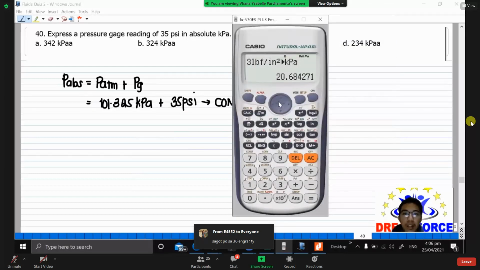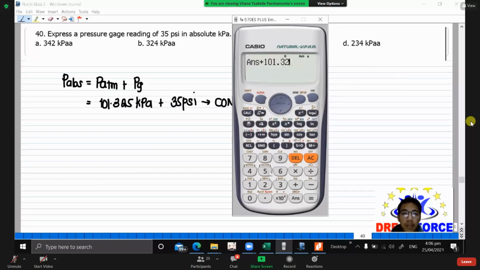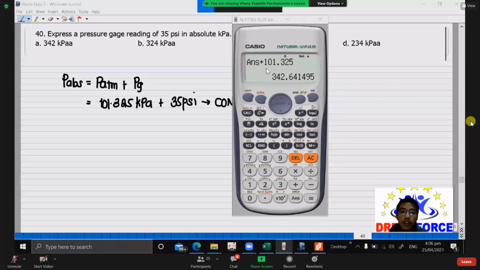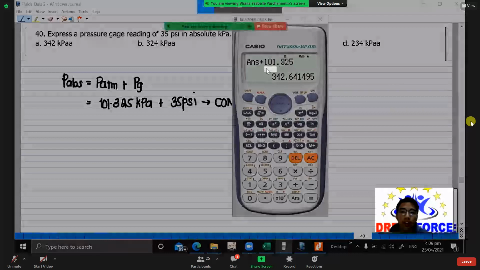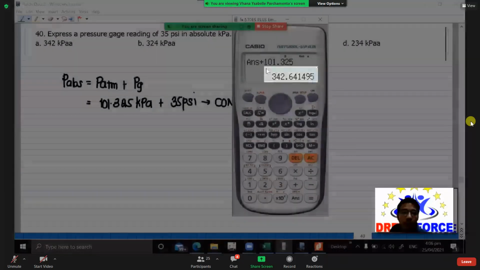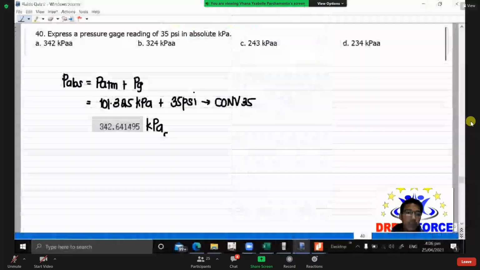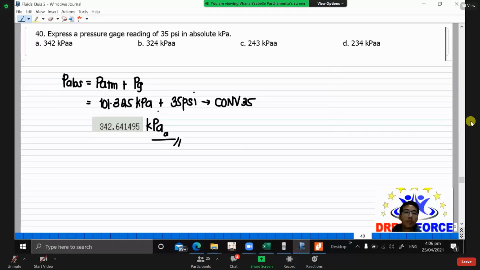Kilopascal pala. Ay, mali. Ay, ito pala, sorry. 35. So, plus 101.325. Yan. So, you have 342.64. That is in kilopascal absolute. So, the answer here is letter A for number 40.